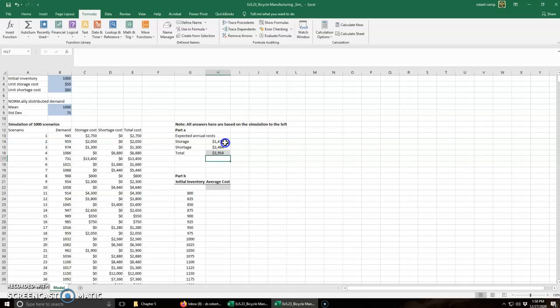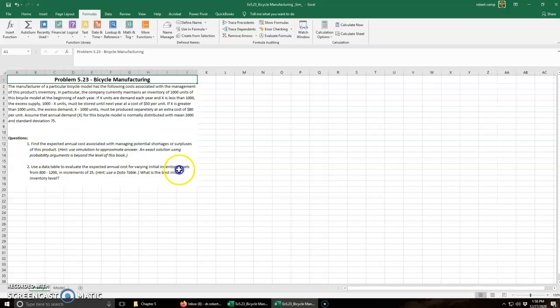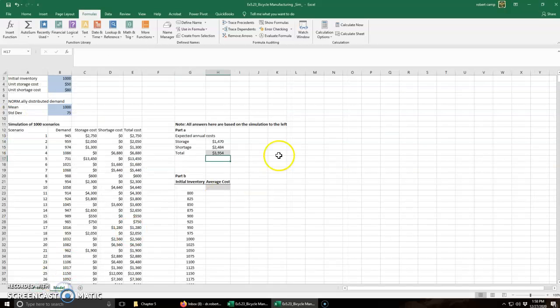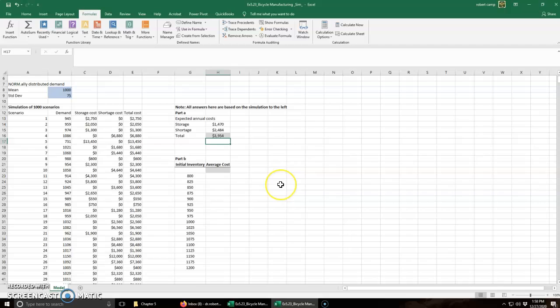Case in point, if you look at the answer in the book, I believe it says its total cost is somewhere around $37.95. The one I've got here says $39.54. So it's off by a couple hundred, but it is relatively close. Anyway, so that's the answer to our first one, the expected annual cost. That's kind of where we're at with 1,000 simulations.